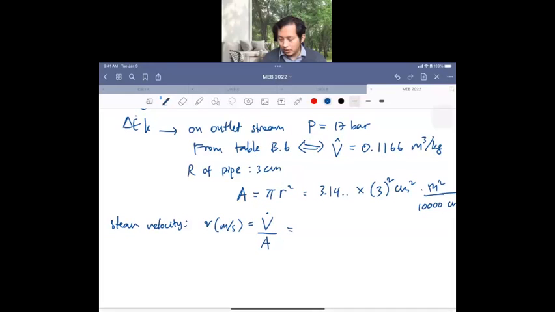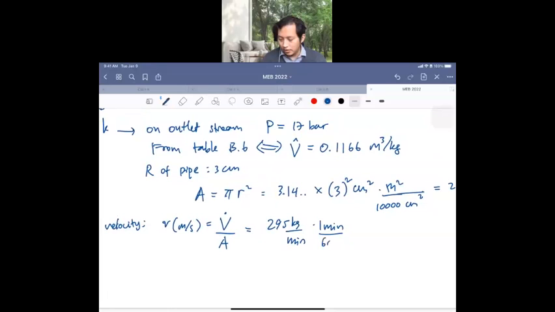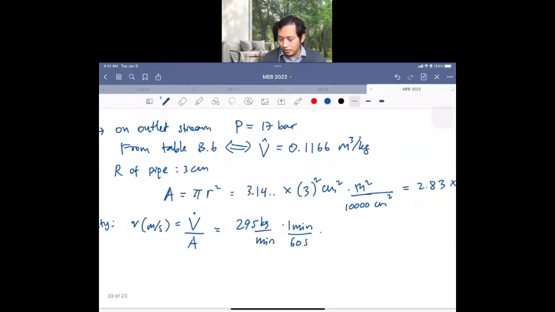So this will be equal to 295, the flow rate per minute, 1 minute is 60 seconds. This is the mass flow rate, right? And this is the specific volume, 0.1166. So I think we can have all here, right?